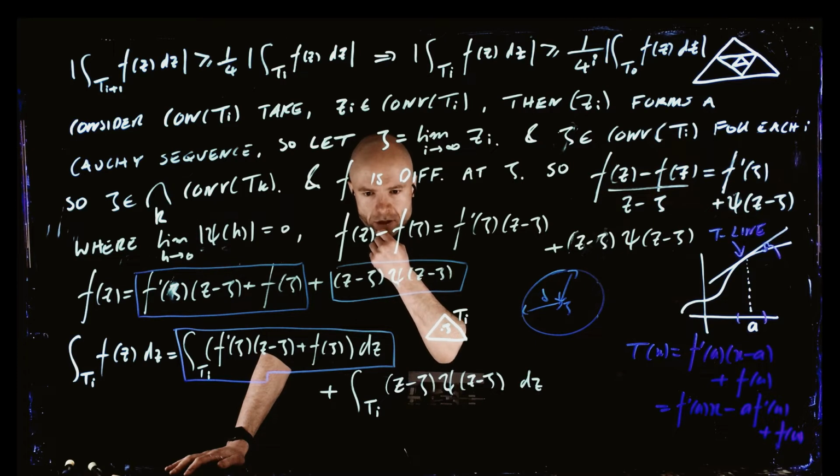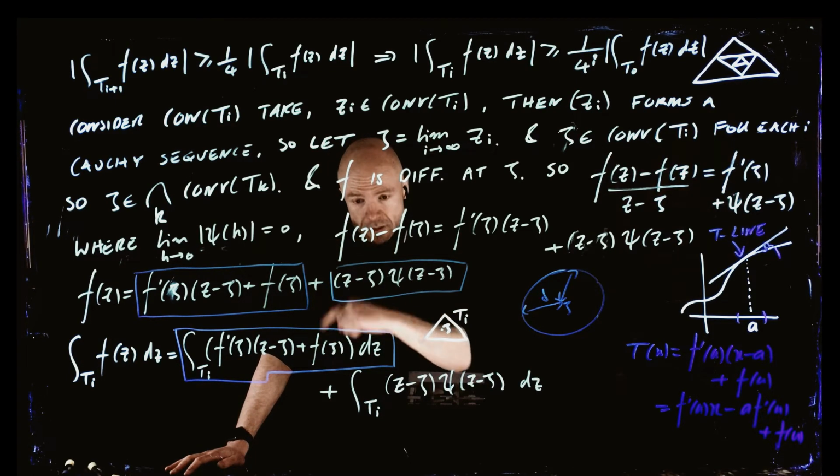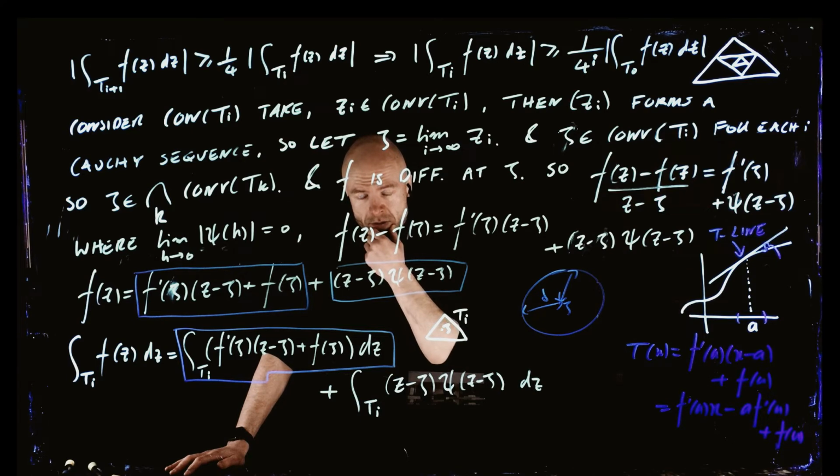It's affine, right? And what are we integrating it over? What set are we integrating? We're integrating over this triangle T, yeah? Which is a nice closed path, yeah? So what would you expect this thing to be? What do you expect it to be?